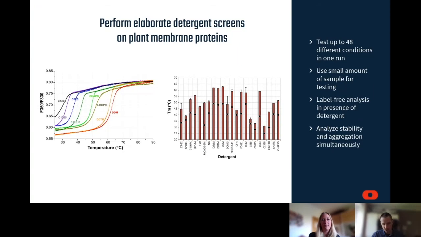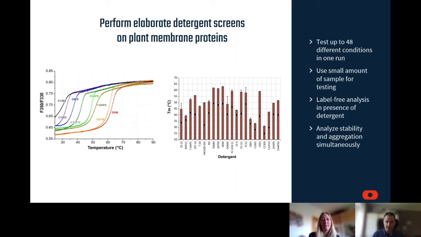In this example, we could show with the Prometheus that even the choice of a detergent that you use for membrane proteins has a huge effect on stability. In this case, there is even more than 30 degrees difference depending on which detergent you use.